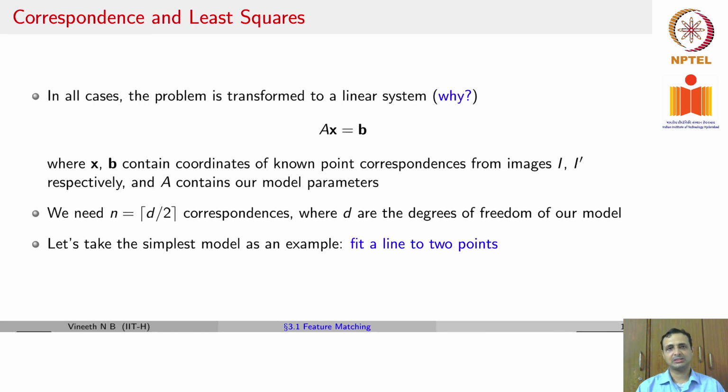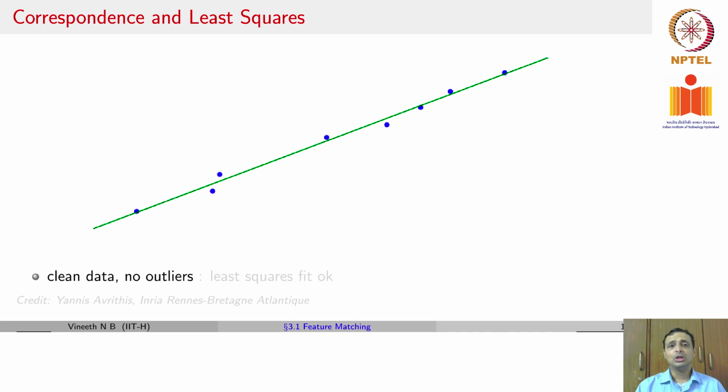Let's start with the simplest approach that we all know: if you have 2 points, fit a line. That's the simplest model that we can imagine. Let's say that's the approach that we're going to use, but let's try to describe this further. If you had a least squares approach to fitting correspondences, this is what you would have. If you have a bunch of correspondences here, this is clean data, not many outliers.